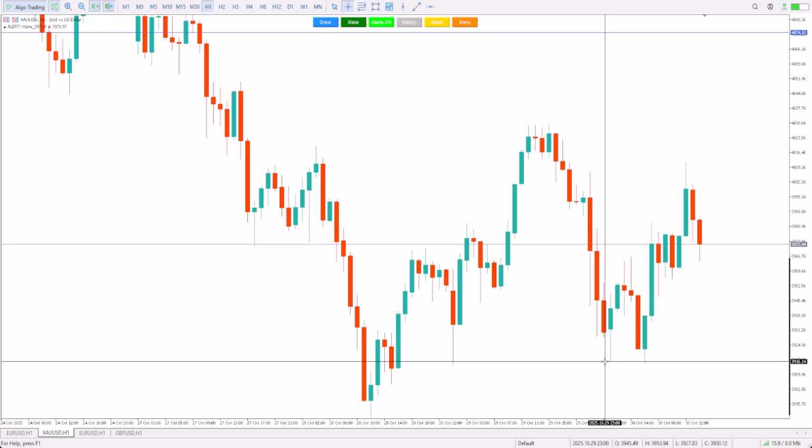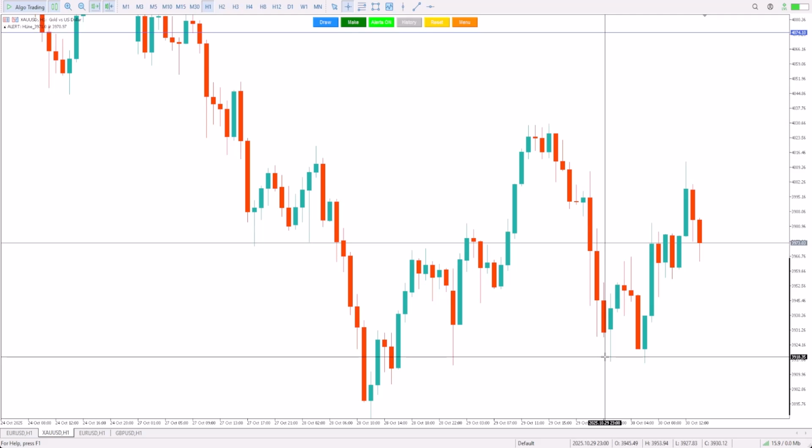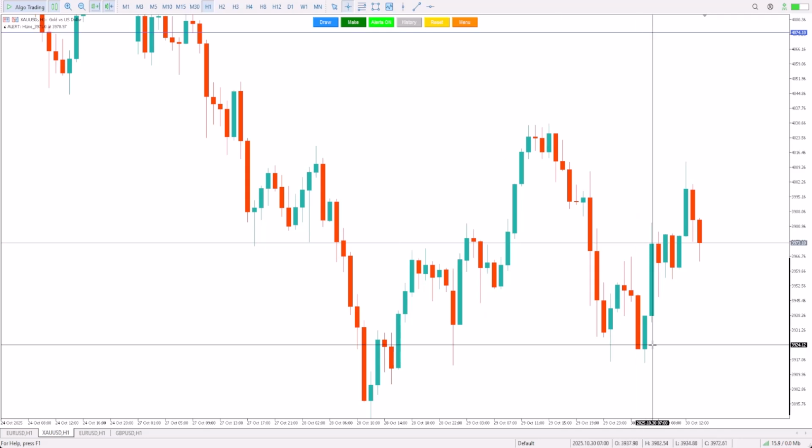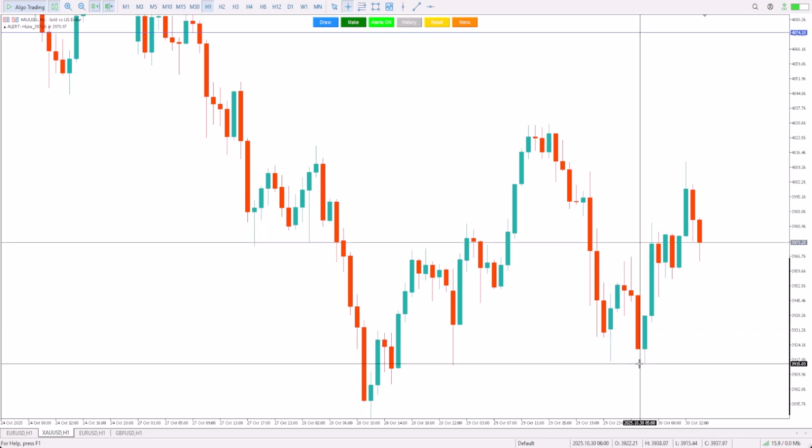Instant move up from here to 1854, which was 35 pips. It came down to fill the gap that was left, and the true move happened here.